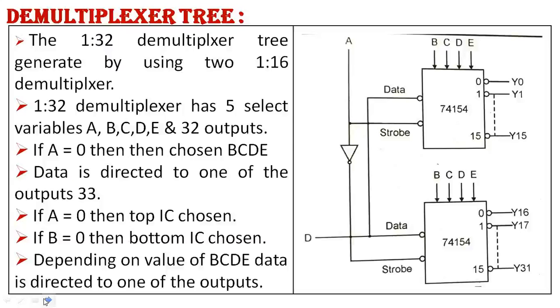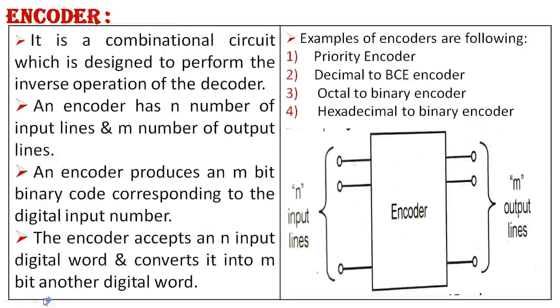If A is equal to 0, then choose only C, D. Data is directed to one of the outputs. If A is equal to 0, then the top IC is chosen. If A is equal to 1, then the bottom IC is chosen. Depending on the value of BCD, data is directed to one of the outputs.